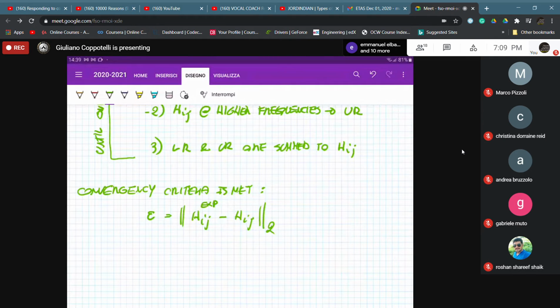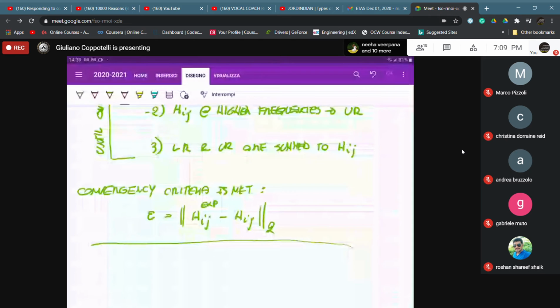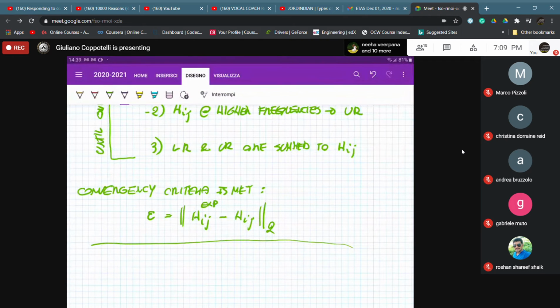Okay, so having said that, having pointed out the importance of evaluating your residual terms, lower and upper residual, let's see now a general multi-degree of freedom approach in the frequency domain. So let's start with this one.